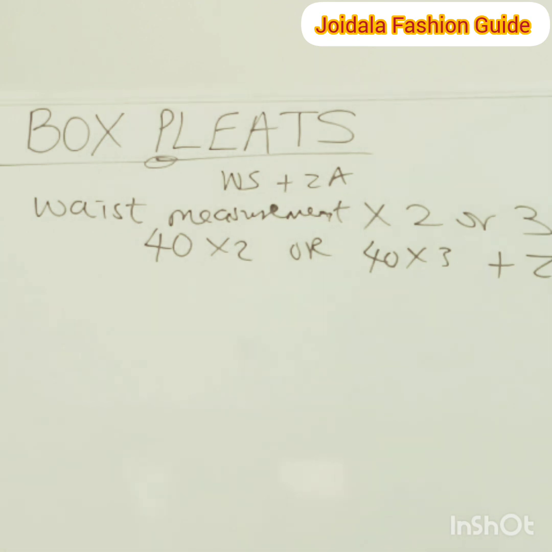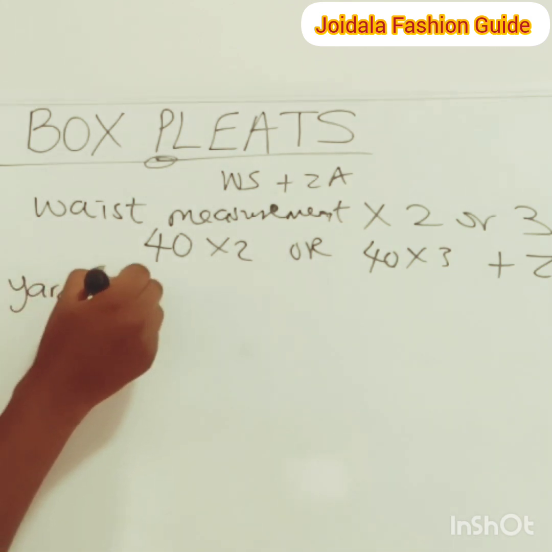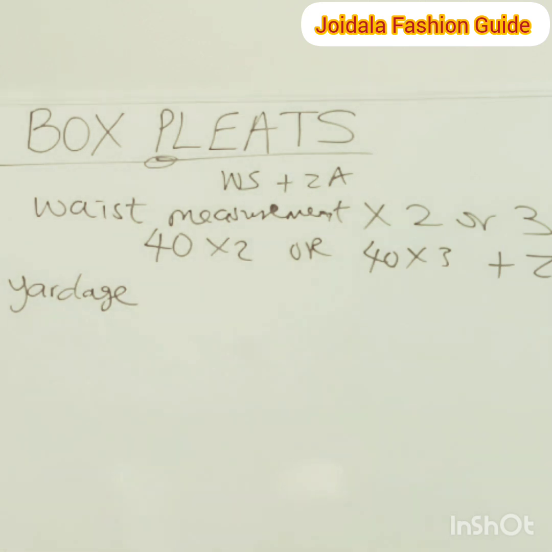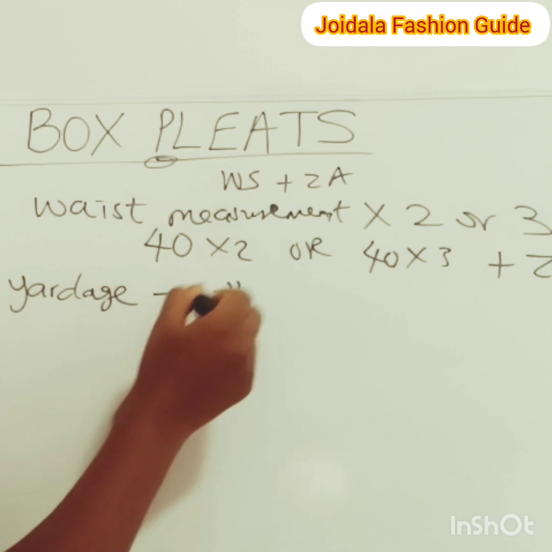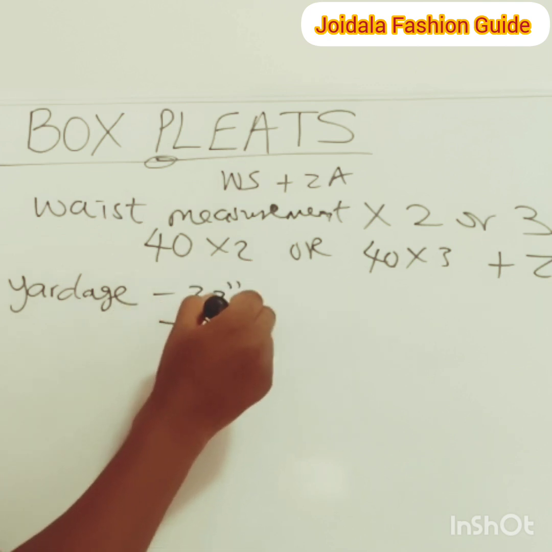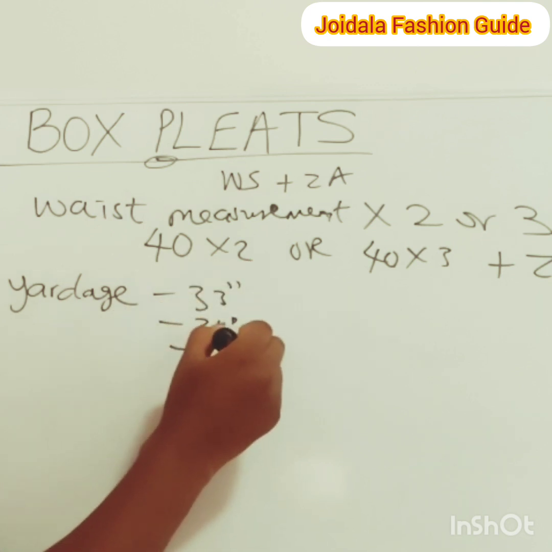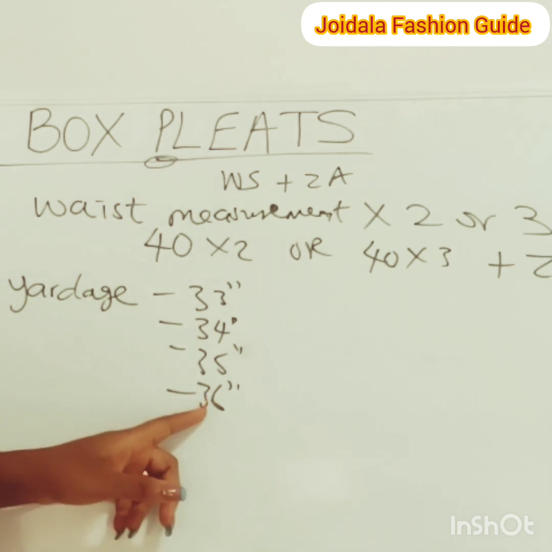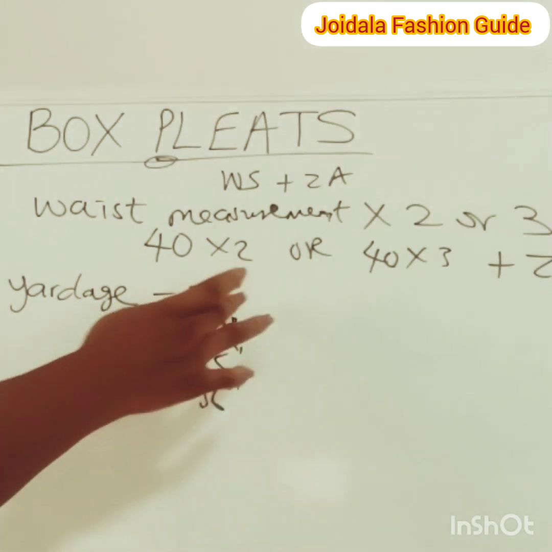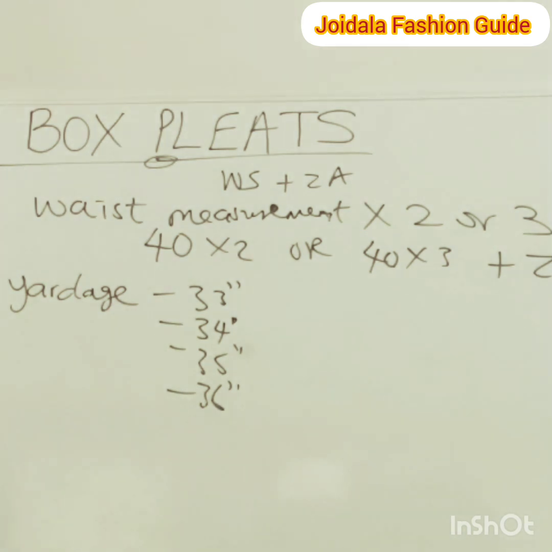And then the second way that you can know the amount of fabric to use is by the yardage of the fabric. Yardage is simply how the fabric comes. There are some that come by 33 inches, some come by 34, some come by 35, some come by 36. So when you are buying the real akara, they usually come by 36, but those rubber ones, they come by 33 or by 34.